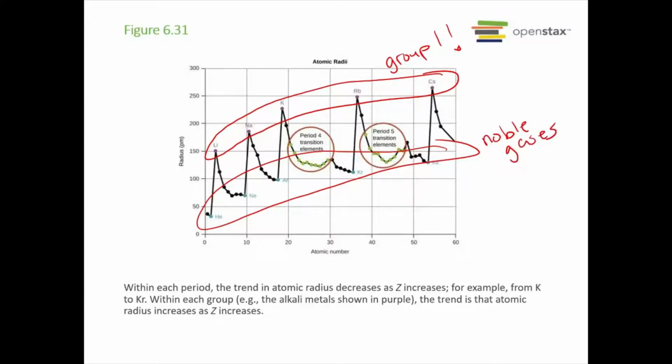So you can see where the different groups start, or the different periods. And then as we start adding more protons, you can see the radii decreasing steadily. So as we increase the nuclear charge, we decrease our atomic radius.